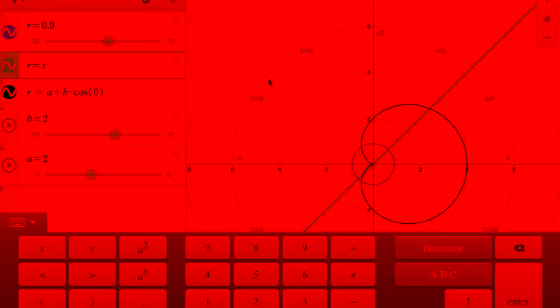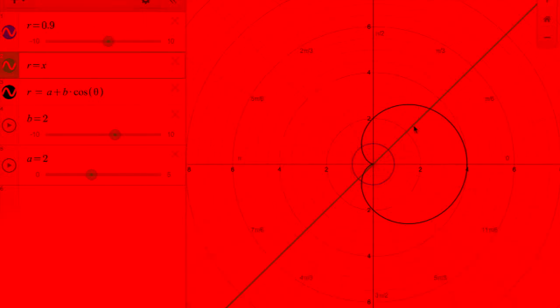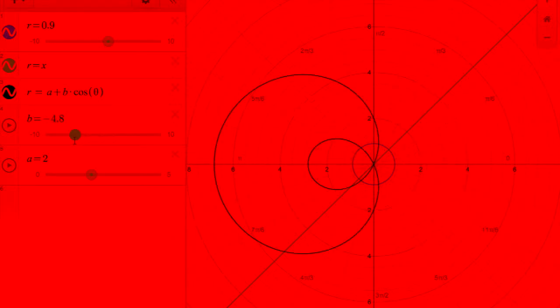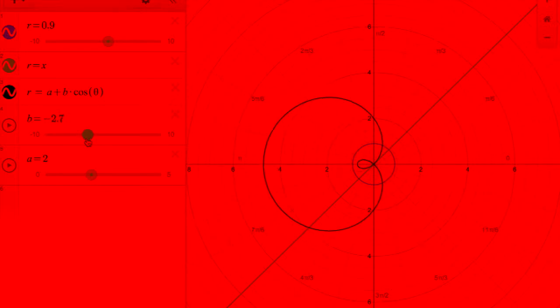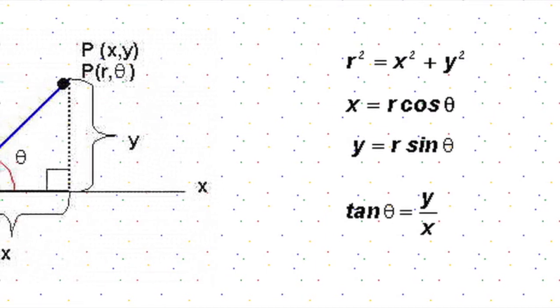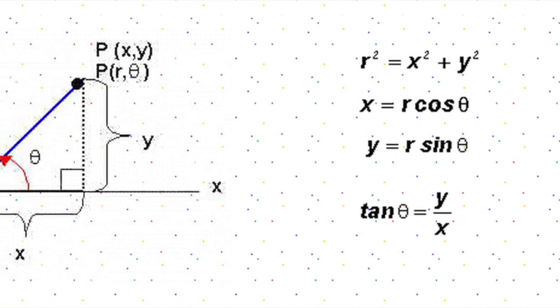Although these equations are graphed based on radians, they are still plotted in terms of an x and y coordinate. These coordinates are defined by relating the following equations. r squared is equal to x squared plus y squared.